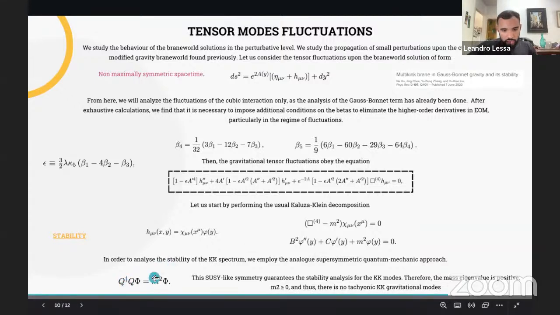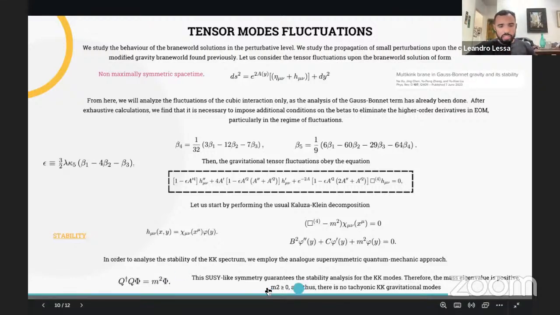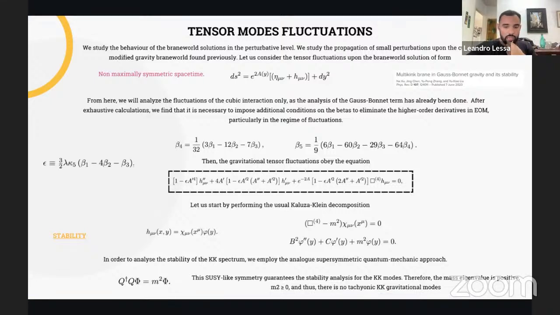You can write this equation inside that and use some results of SUSY. The SUSY-like symmetry guarantees in this case the stability of the analysis, because there is not any tachyonic Kaluza-Klein gravitational modes.